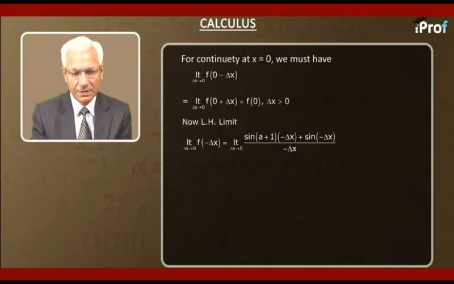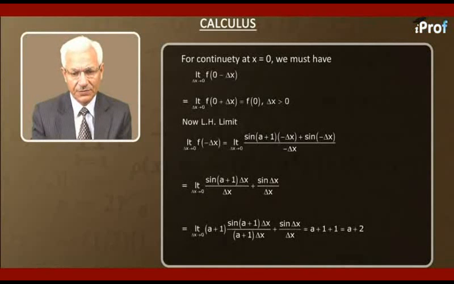That is, the limit as delta x tends to 0 of f(−delta x), which is sin((a+1)(−delta x)) + sin(−delta x) over −delta x, which can be written as sin((a+1) delta x) over delta x plus sin(delta x) over delta x, knowing the fact that sin(−theta) is equal to −sin theta.